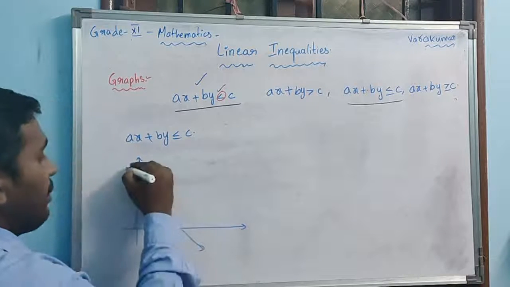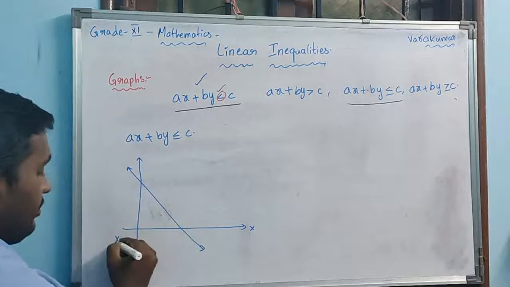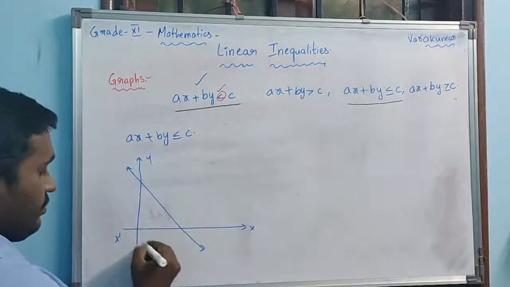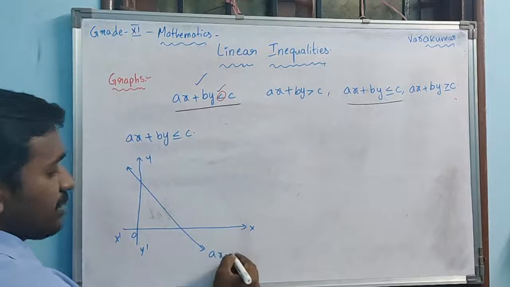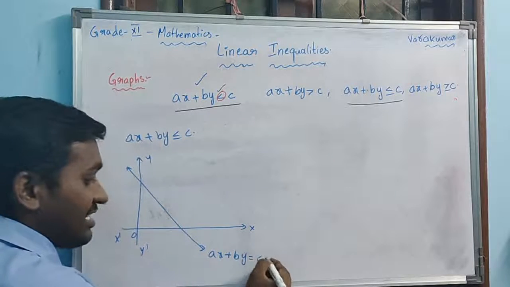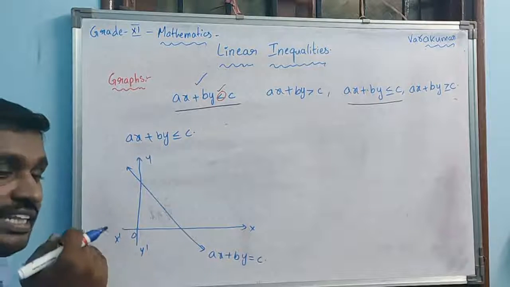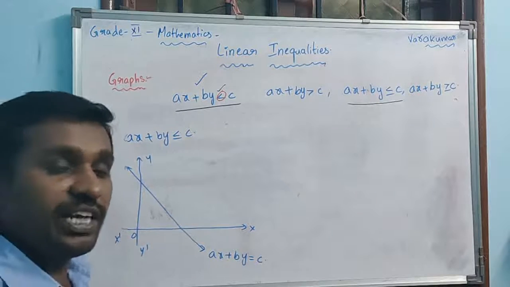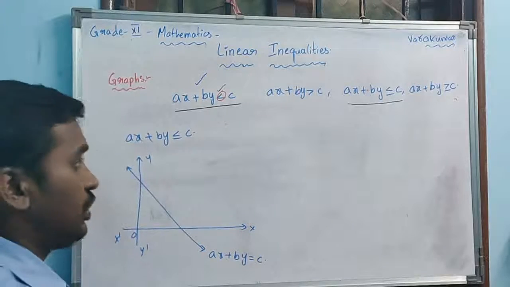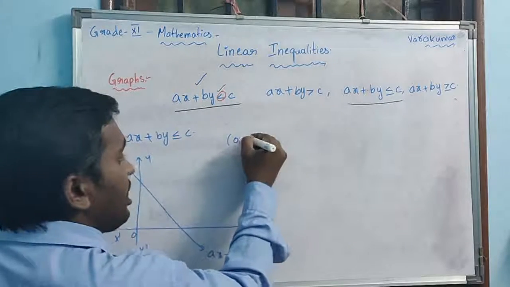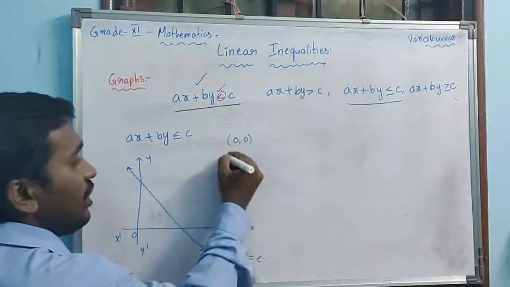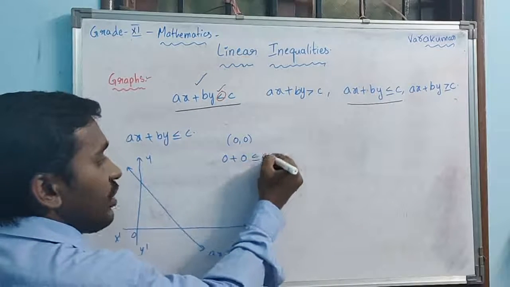If you draw, suppose the line is this way. This is ax plus by, it is exactly c. Now less than or equal to c. So to find the less than or equal to c, in the previous one what I said you, check out with 0, 0. So when you check out with 0, 0, substitute 0, 0: 0 plus 0 less than or equal to c.